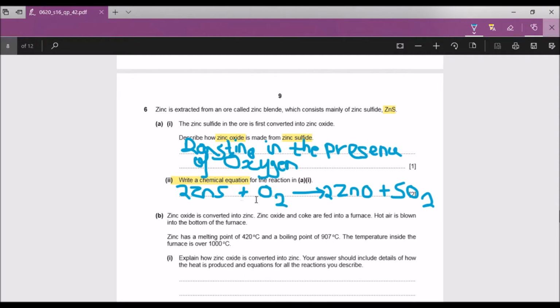So to balance this again, you put a 3 in front of the O2, and then you get 4 oxygens, so you put a 2 in front of the SO2 as well. So you get zinc sulfide plus oxygen gives you zinc oxide plus sulfur dioxide. That's your equation. The process is called roasting. You could say burn or heat, but roasting is the correct term.